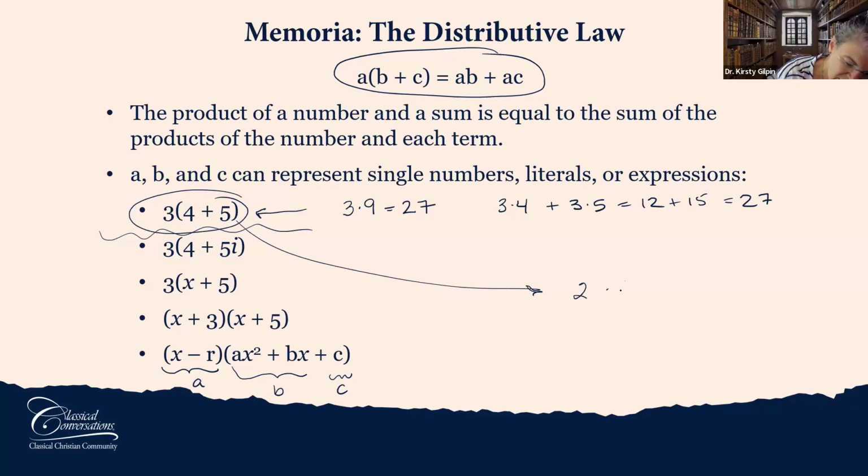If I said 2 times 17, it may be a quick product for you, but I can break that up into 2 times 15 plus 2. And I might go, oh, well, 2 times 15, that's 30, and 2 times 2 is 4, so it's 34. So I can take this number and break it up however I want into a sum.